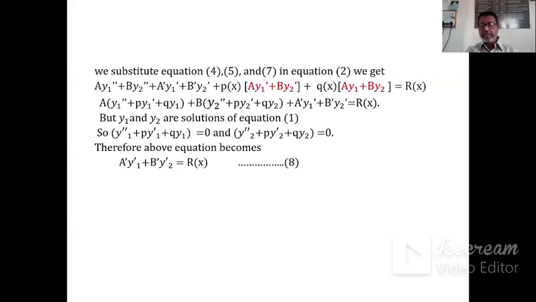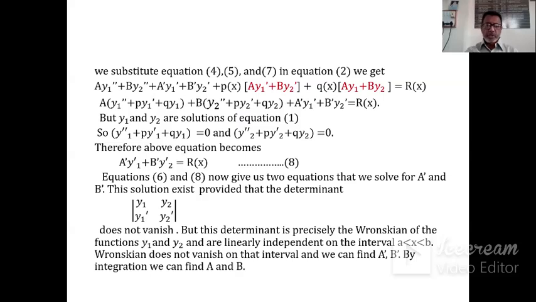I have told at that time we want to use this equation later on. Using equations 6 and 8, we get two equations that we solve for A dash and B dash. Now the solution exists provided that the determinant of y1, y2, y1 dash, y2 dash does not vanish, meaning it is not equal to 0.